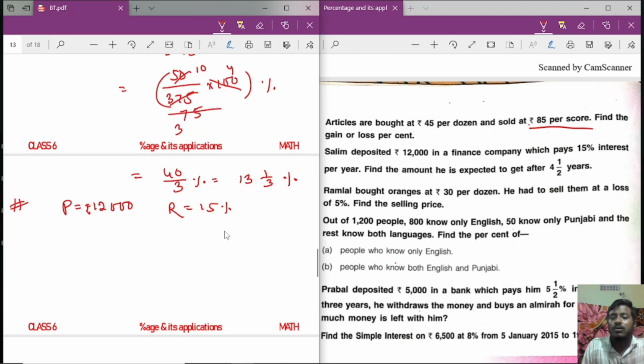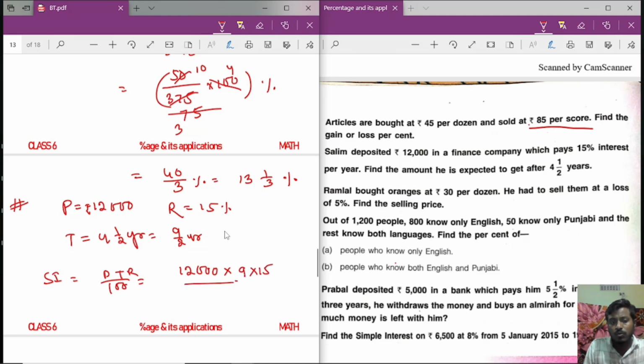Now find the amount he expected to get after a time period of 4 whole 1 by 2 years, that is 4 2s are 8, 1, 9 by 2 years. All are given. First find the SI. So the SI formula is PTR by 100. Now put the values, that is 12,000 into T equal to 9, into 15 whole divided by 100 into 9 by 2.